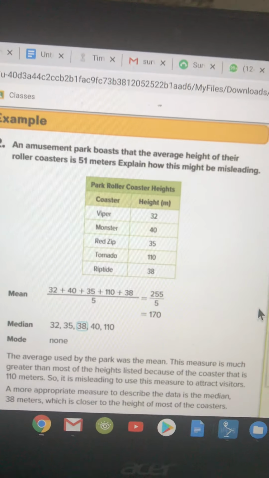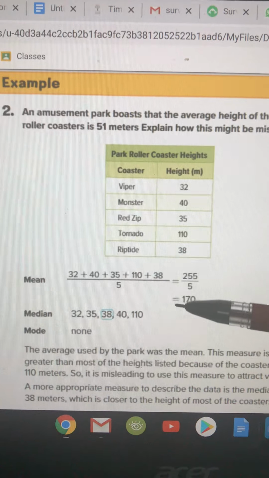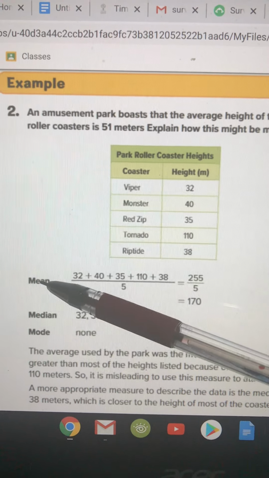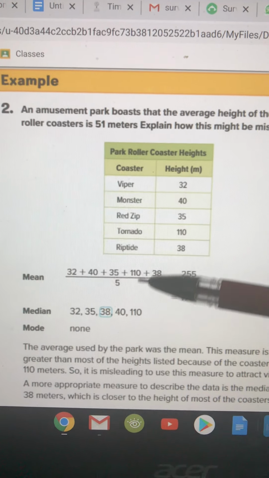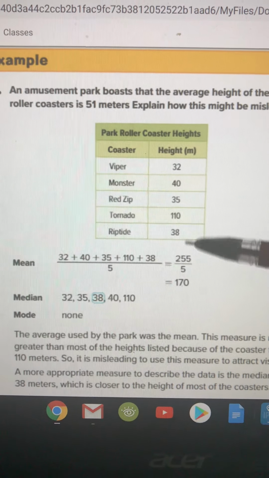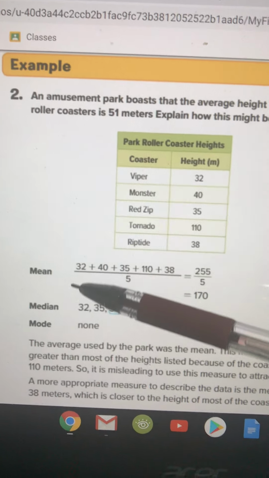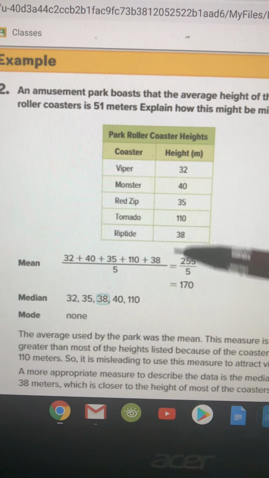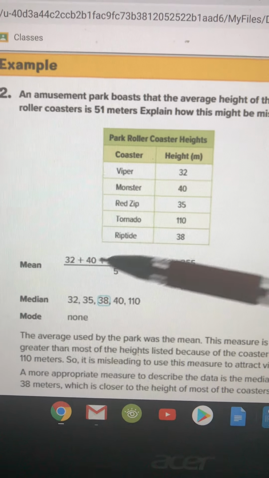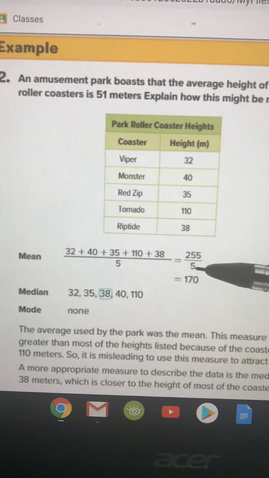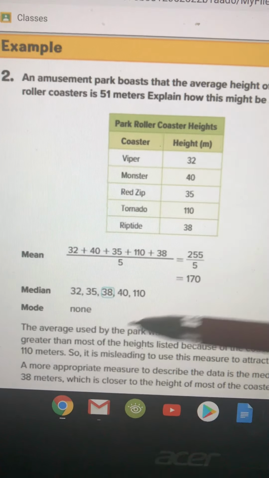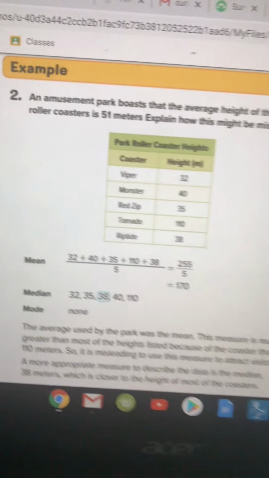Now, first, you get your data, you arrange it, you find the mean, the median, and the mode. You notice there is no mode because no number appears the most. You find the mean by adding all your numbers and dividing by how many numbers you added, and you get 170. And you find your median, which is 38.